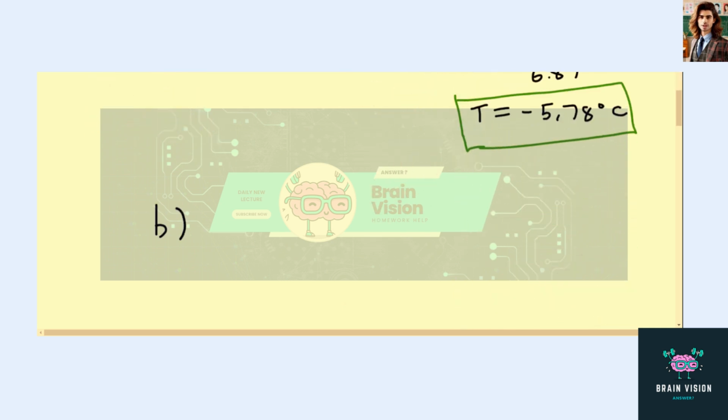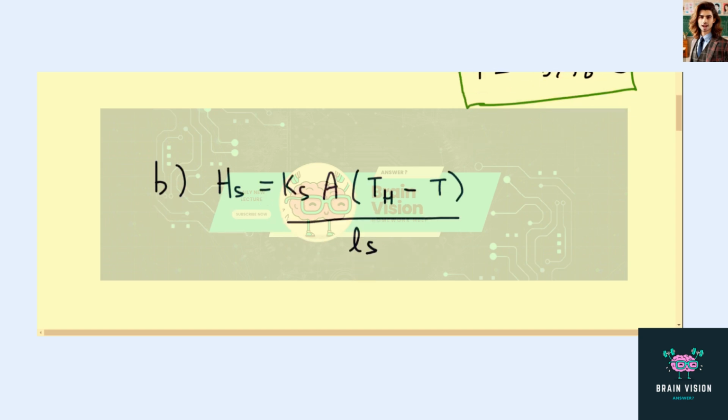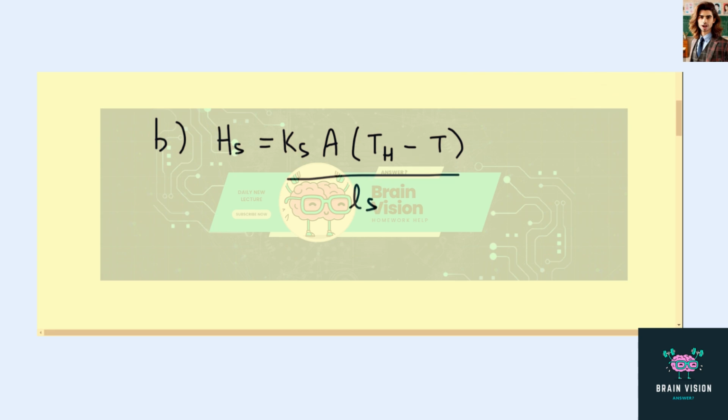I'm going to use HS, and HS is KS A times T hot minus T over LS. Now it is asking for the rate of heat flow per square meter, so we're going to divide each side by A. HS over A is what we're trying to find, which is great because we don't actually have A.